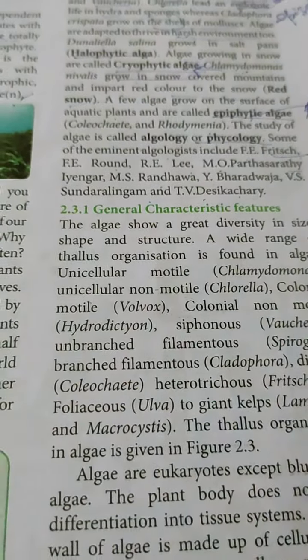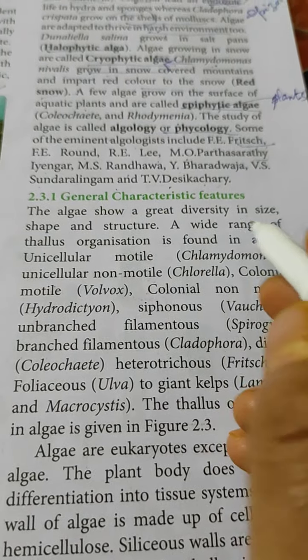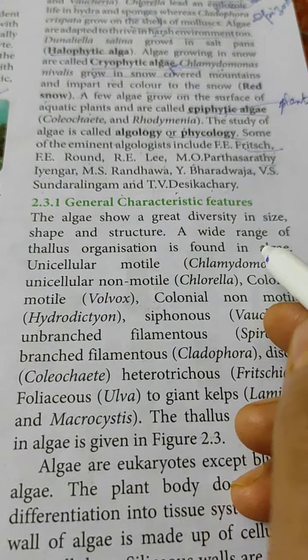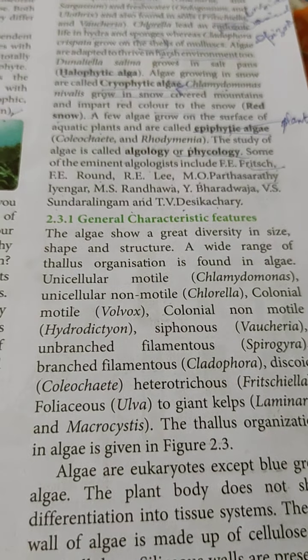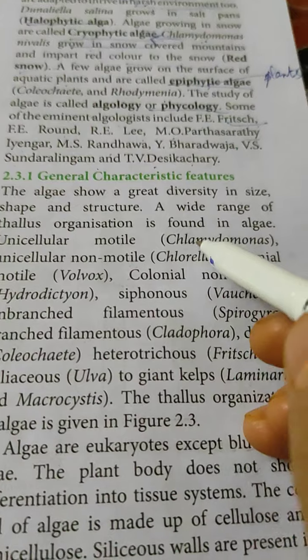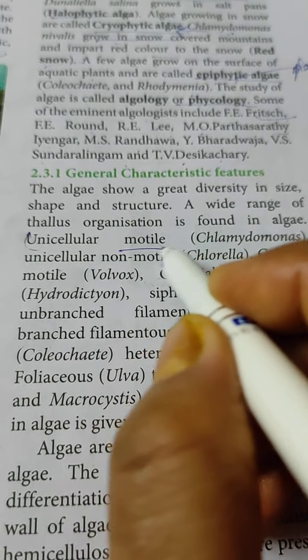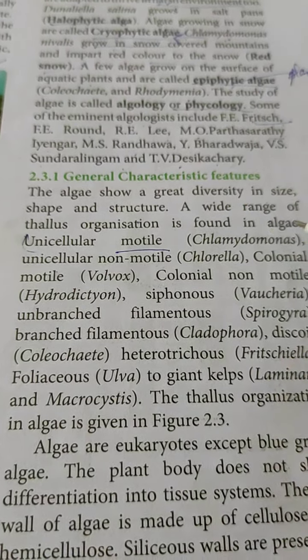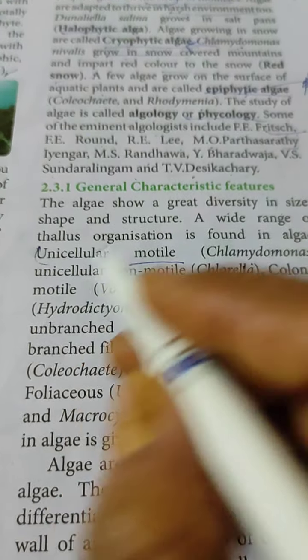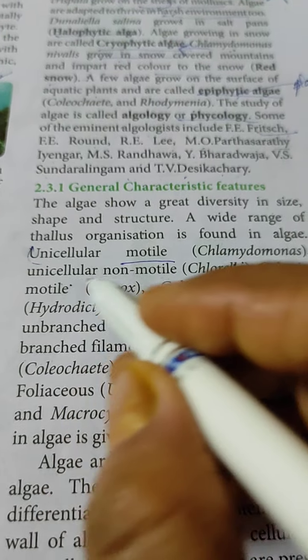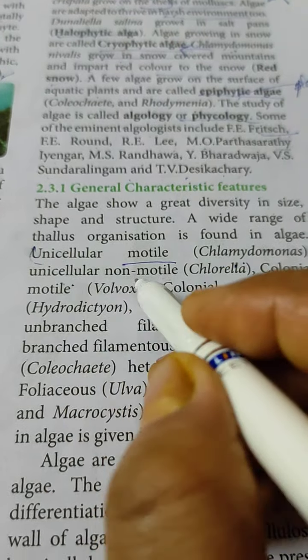Now, general characteristic features. The algae show great diversity in size, shape, and structure. Wide range of thallus organization is found in algae. Underline there. Unicellular motile: one cell they can move, Chlamydomonas. Just opposite, unicellular non-motile: Chlorella. Now colonial, so many will be grouping together to form a ball-like structure.